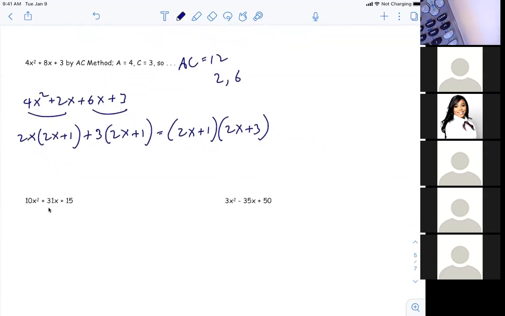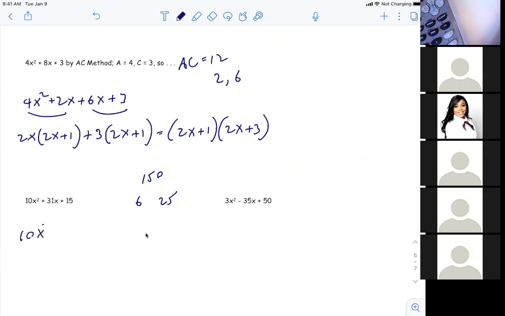What happens here? A times C, 10 times 15 is 150. And 6 times 25. Okay, I'm not going to make the whole list now because we're running out of time, but 6 and 25 add up to 31. 6 times 25 is 150.